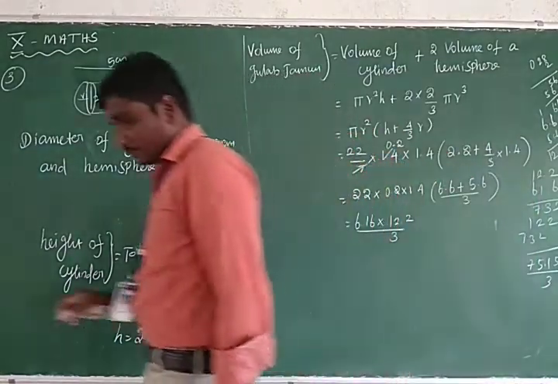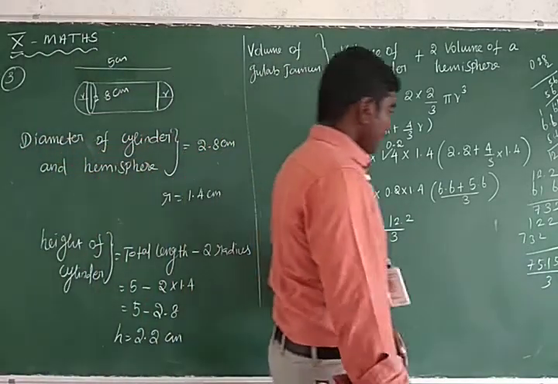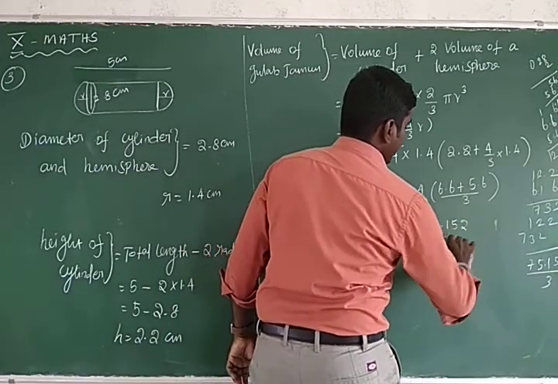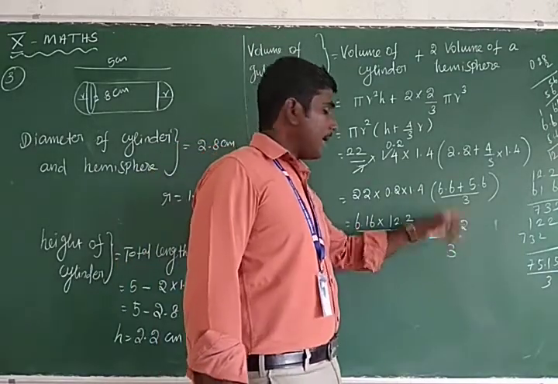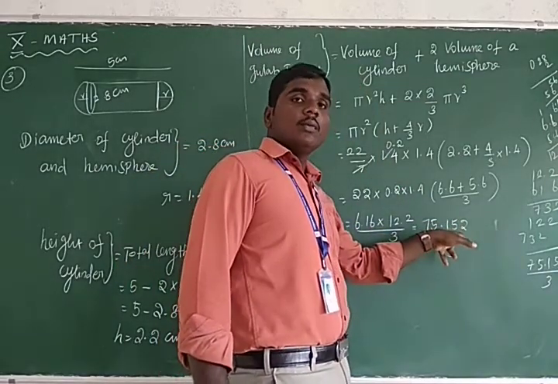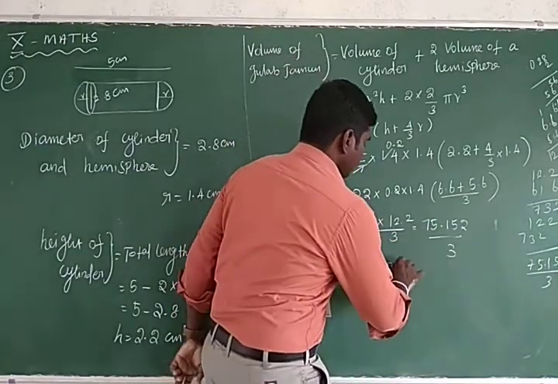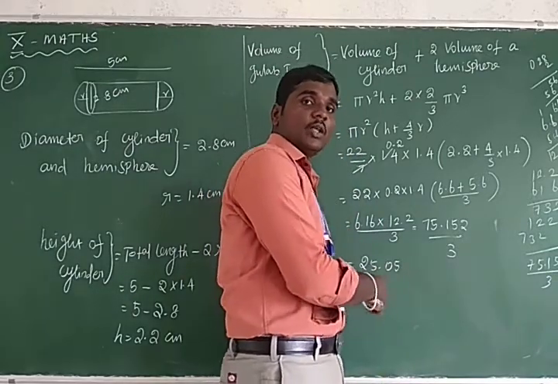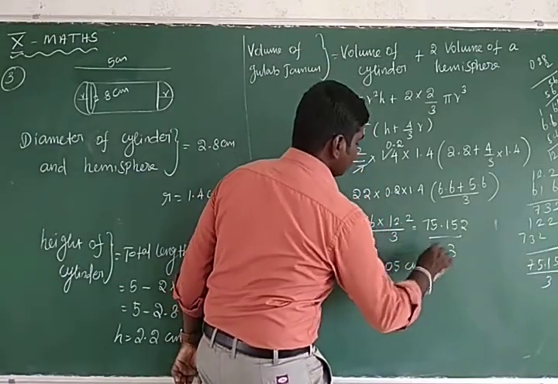So 75.152 divided by 3, that is 25.05 centimeter cube. It is an approximate value.